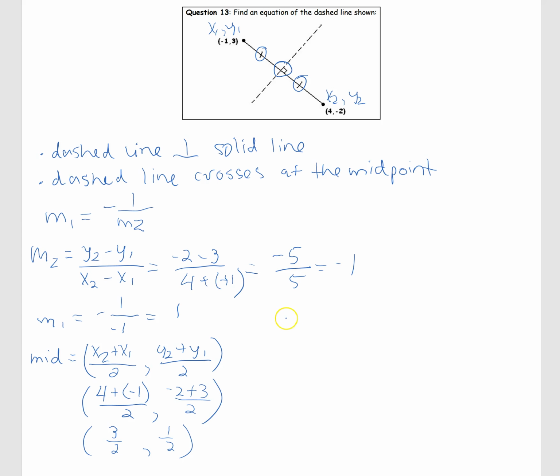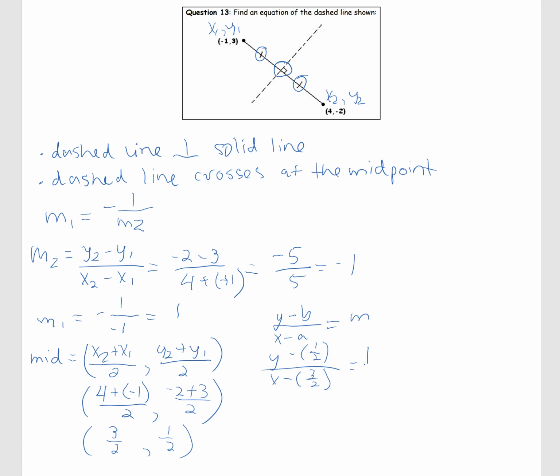I'm just going to write that over here. Point slope equation is y minus b over x minus a equals m. Plugging in those points gives us y minus 1/2 over x minus 3/2, sorry, that's a bit messy there, equals our slope of 1.